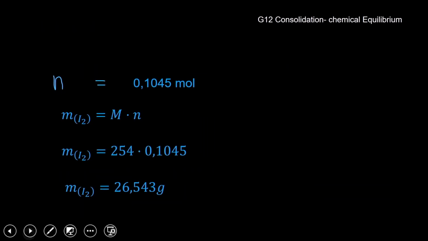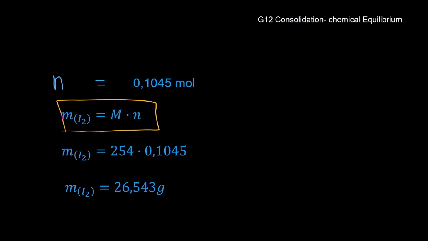Now we can work with our standard formula, which is on your data sheet: mass is equal to molar mass times number of moles. The molar mass from the periodic table is 254 grams per mole.